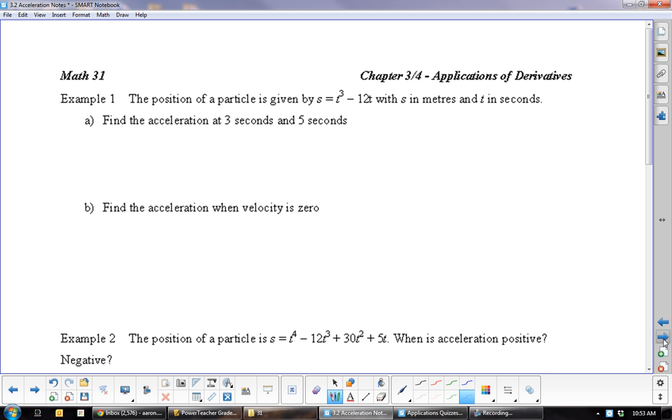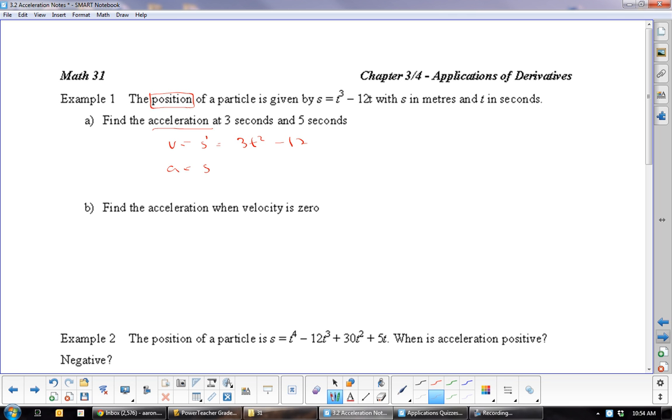Okay, so the position of a particle is given by, and this is always crucial when you see this, the position, or an S equation. So S equals t cubed minus 12t, with S in meters and t in seconds. To find the velocity, I would do one derivative. To find the acceleration, I will do the second derivative. So velocity equals s prime, which would give you, you should be able to do these quick now, 3t squared minus 12.